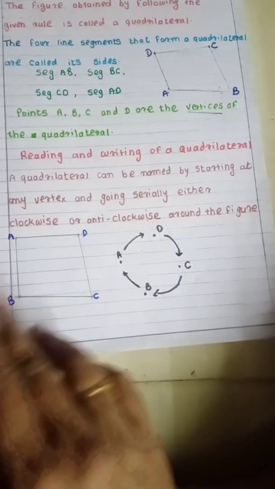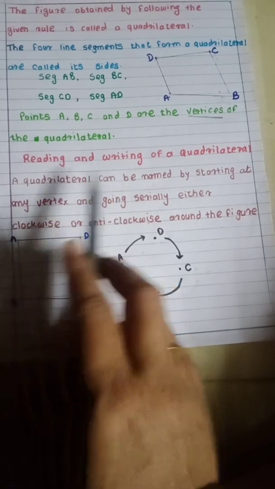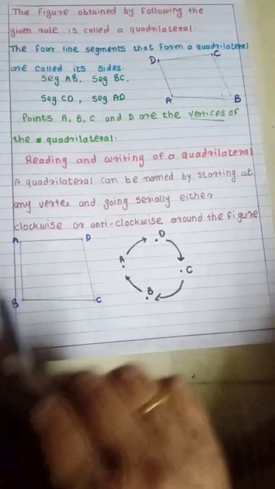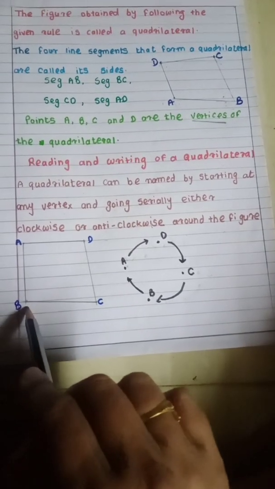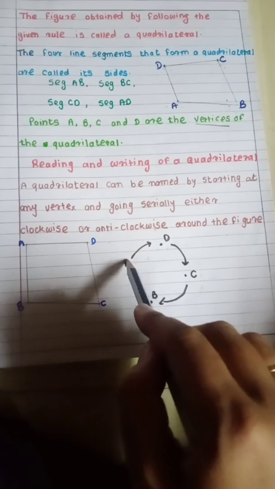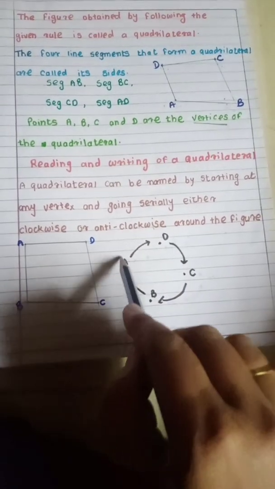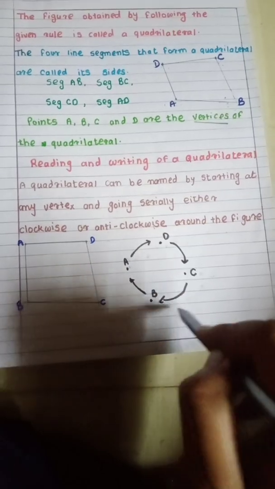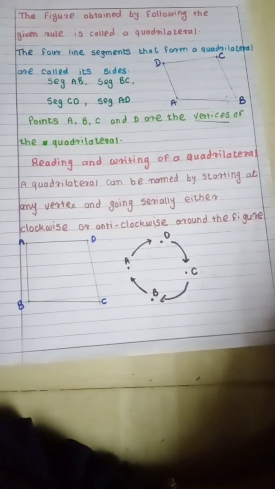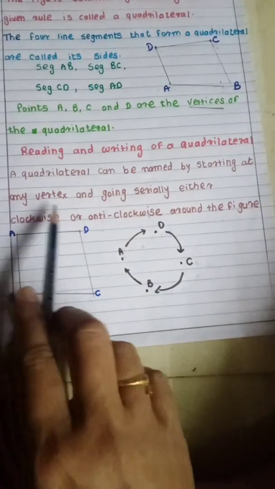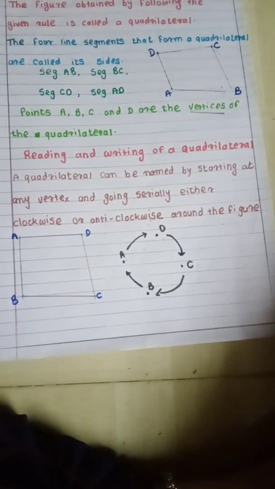We can start from any point: you can start from A, from D, from B, or from C. This is clockwise, and in anti-clockwise you can go the opposite way. So you can read and write the quadrilateral in a clockwise or anti-clockwise direction.